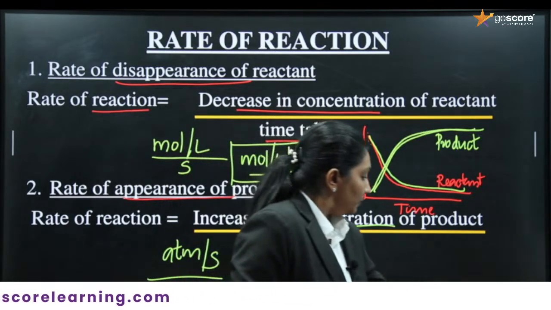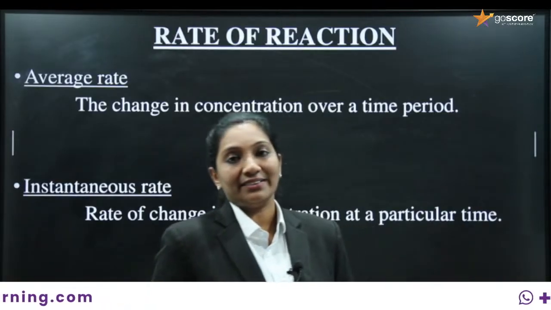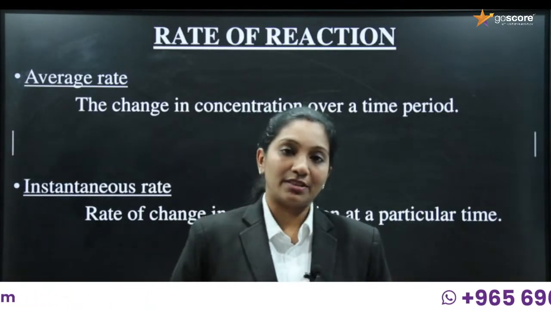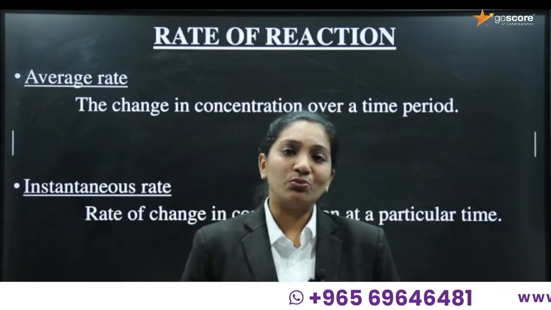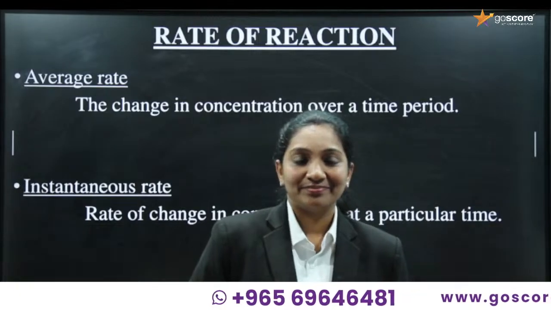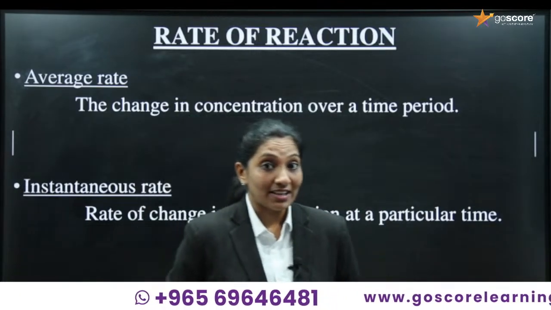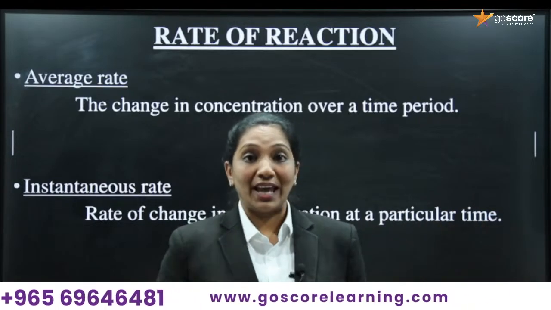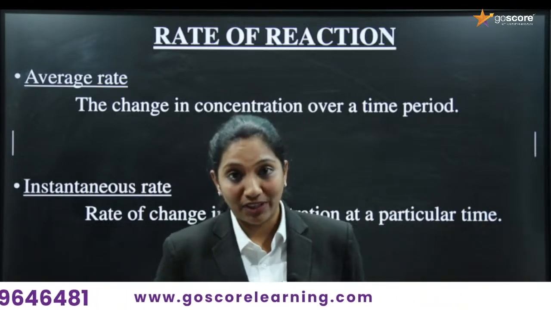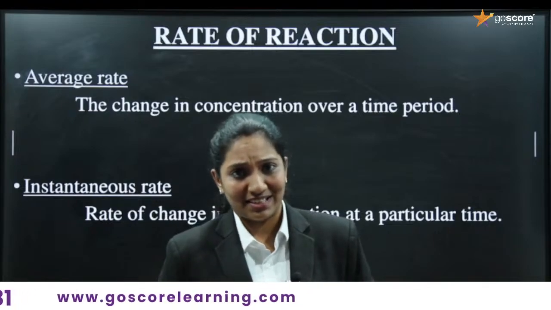Now, we can express the rate of a reaction in terms of average rate and instantaneous rate. Then what is this average rate? You may have learned in your lower classes that when you are traveling from one place to another place, we have to calculate the average speed of our journey. You may have learned it in the physics classes, right?